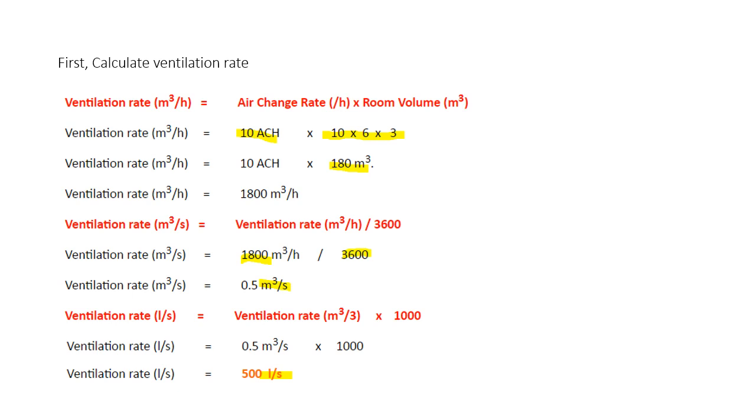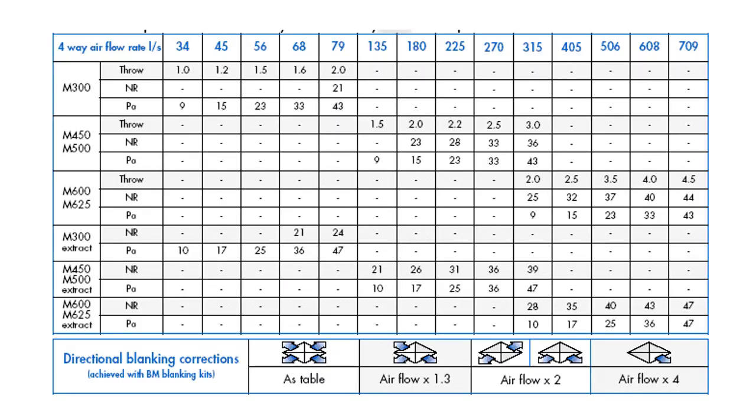Then you will have 0.5 meter cubed per second. And later, just multiply this figure by 1000 to get 500 liters per second. Okay, now you know that the ventilation rate in liters per second is 500.